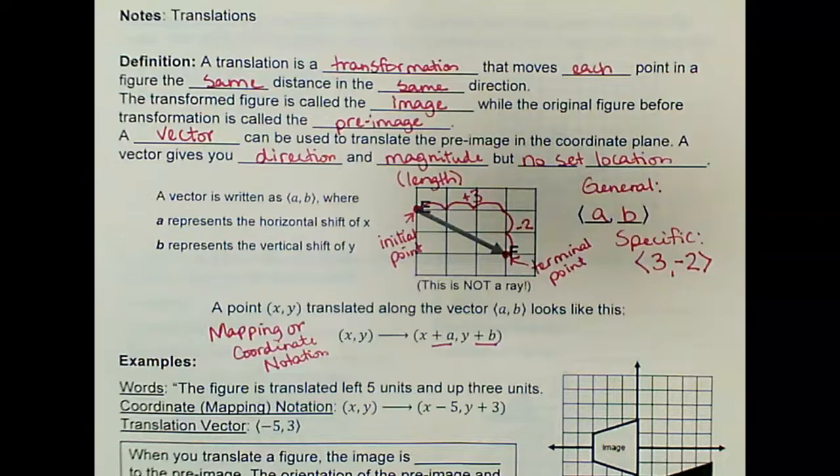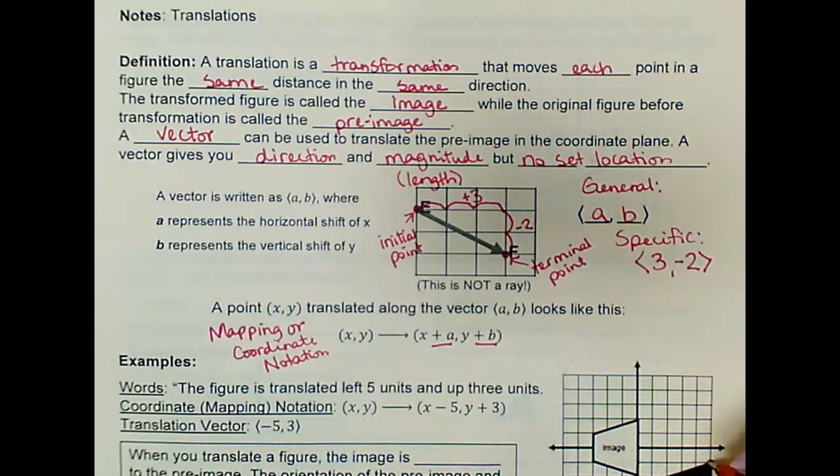So some examples that we're going to talk about are going to require that you use words or mapping notation or the translation vector in order to describe the translation that happens. So in words, you would just write a complete sentence. For example, if I was translating the pre-image to the image, the figure is translated left 5 units and up 3 units.